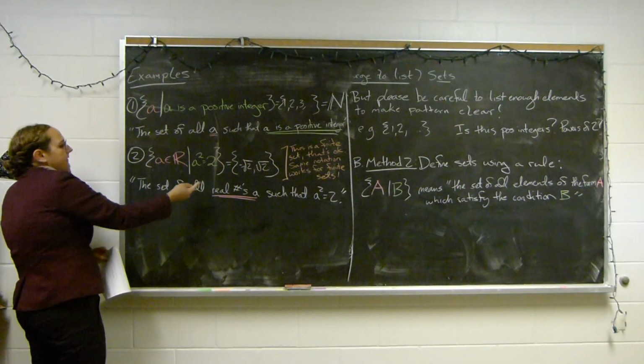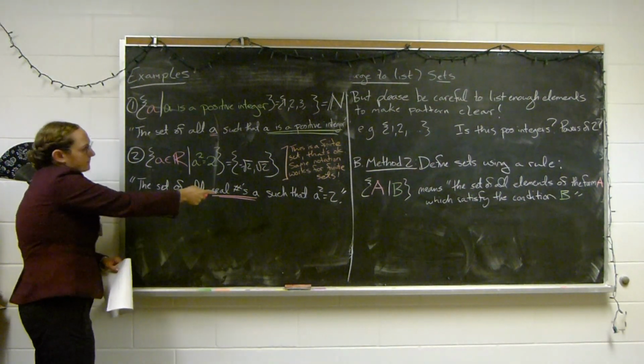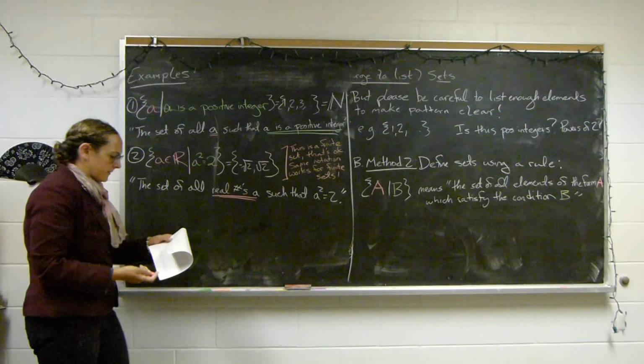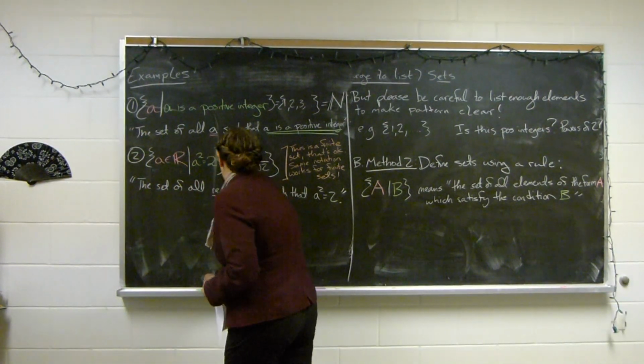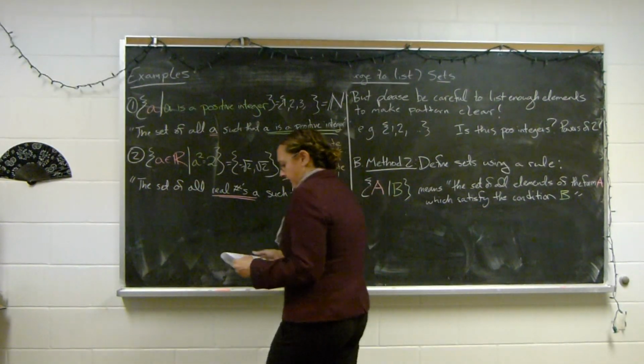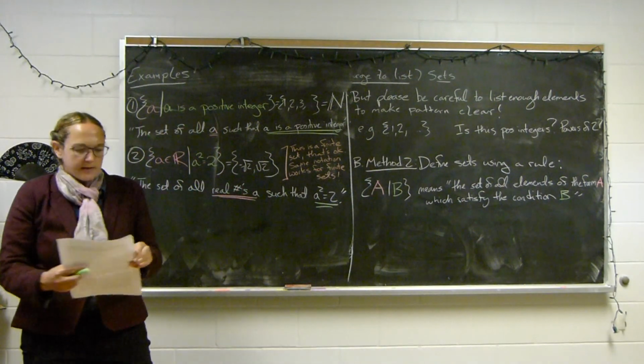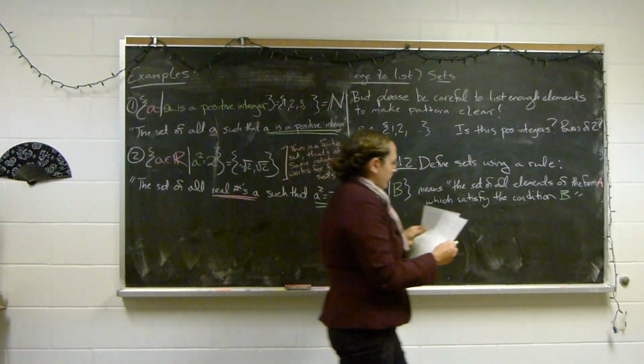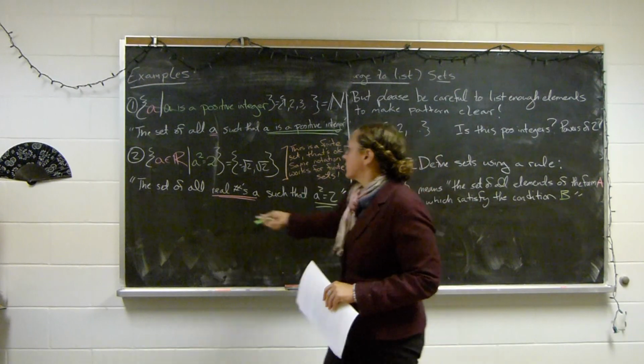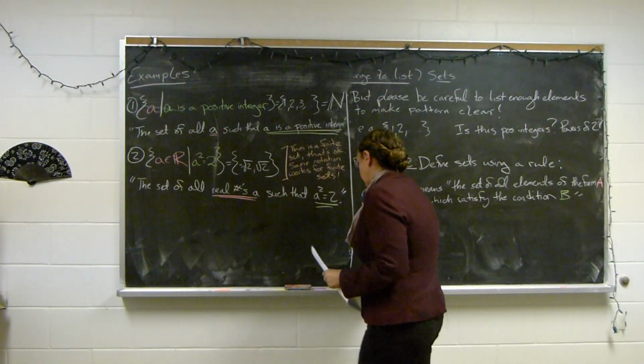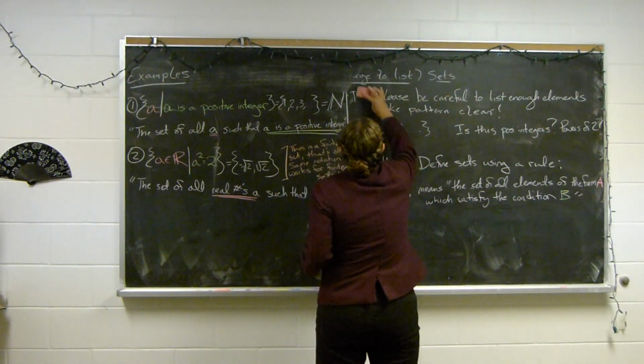So I could say the set of all A in the real numbers, which would have been a direct translation, but we're going to be okay with that. And then over here, we have "such that," and then A squared equals 2. And then I wanted to really quickly show you a circumstance where it can matter what's over there.